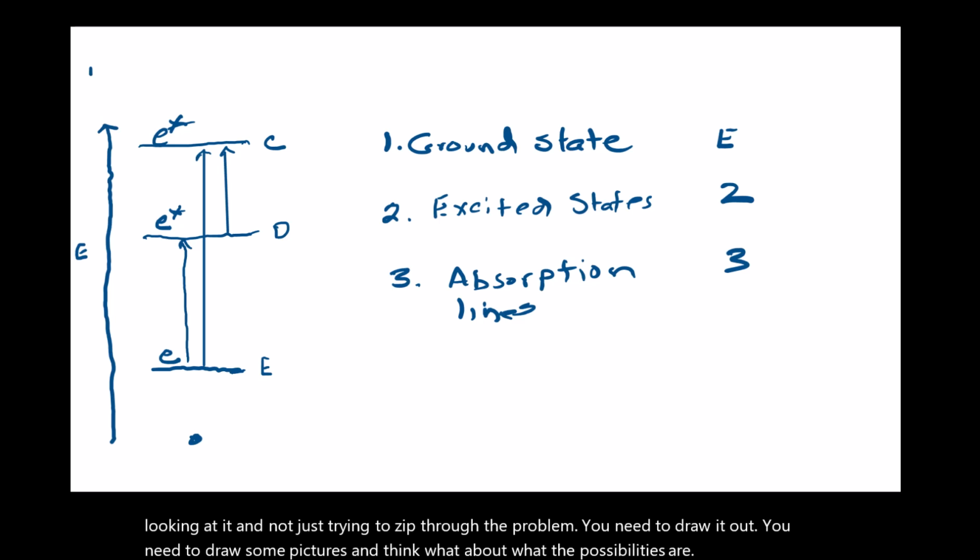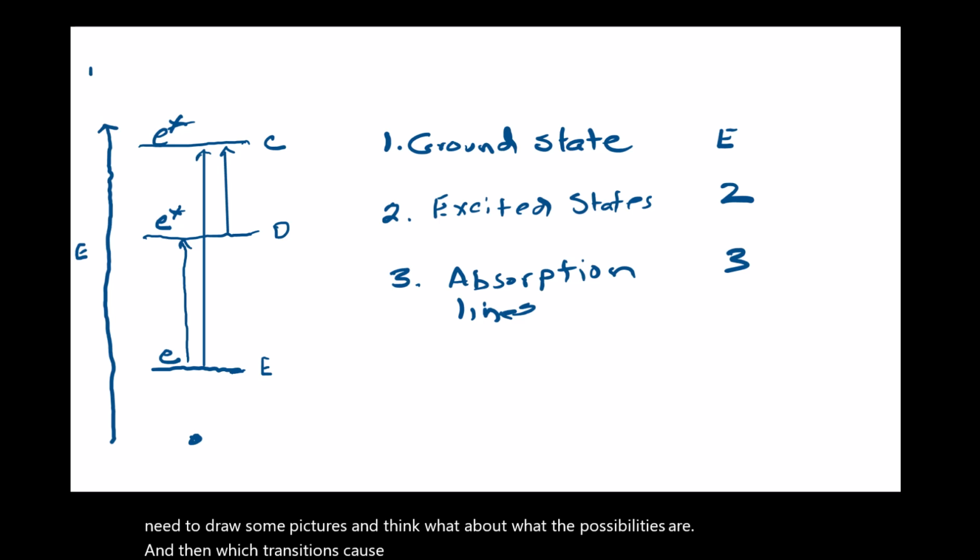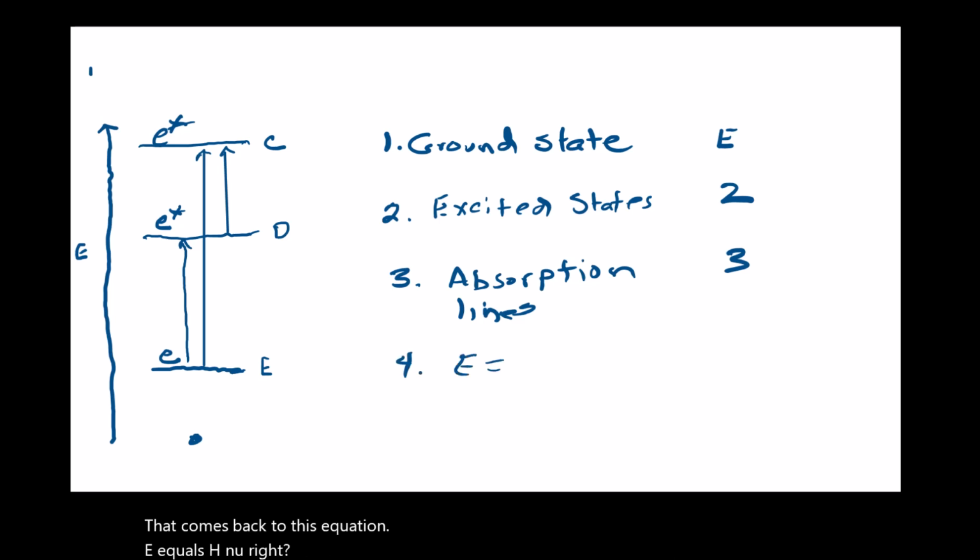And then, which transitions cause emission lines at the shortest wavelength? Well, that comes back to the equation E equals h nu, right? So it says which transitions cause the emission line at the shortest wavelength.